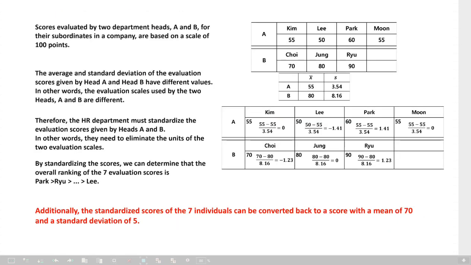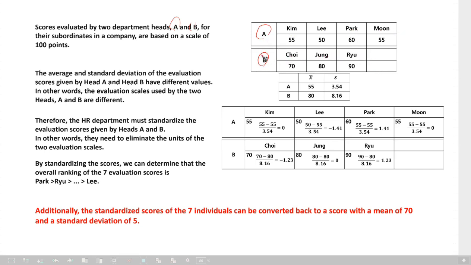Let's see this simple example. Schools are evaluated by two department heads, A and B. They are head A and head B, okay? Different departments. A has 4 persons and B has 3 persons.